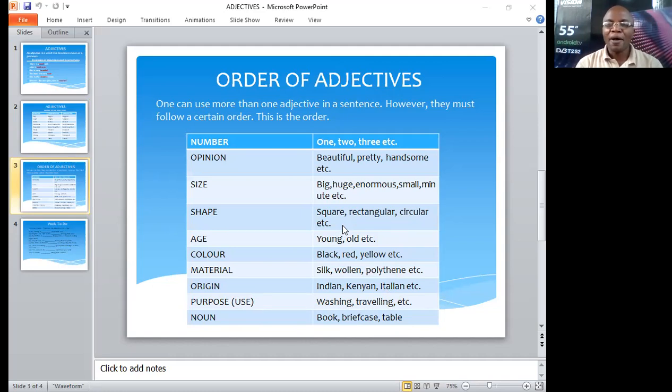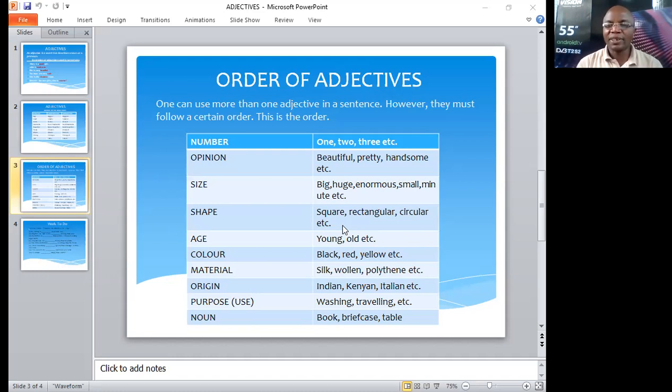My father bought 2 beautiful, big, rectangular, new, black, leather, Indian, traveling briefcases. Are you getting that? Yes, very good. I give the last example.